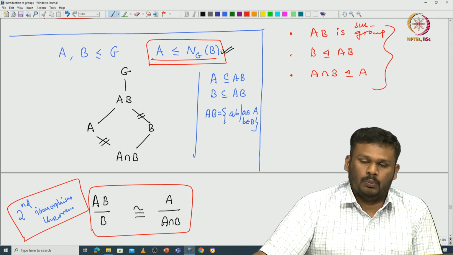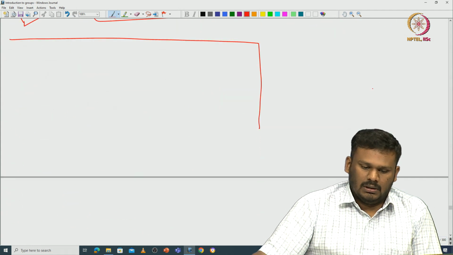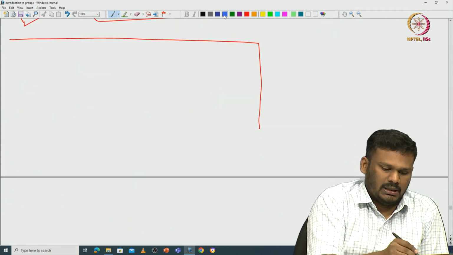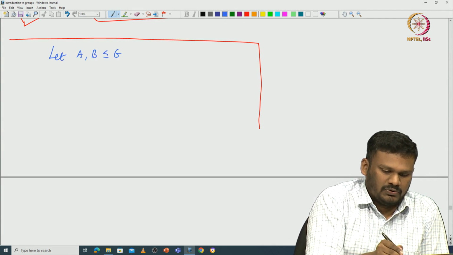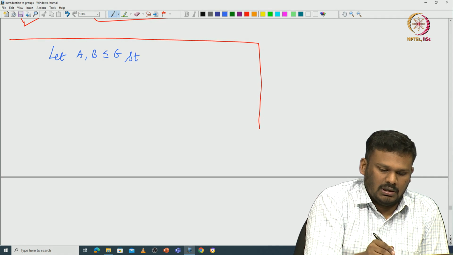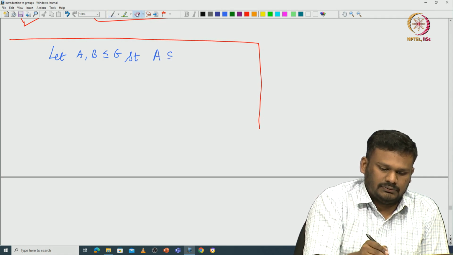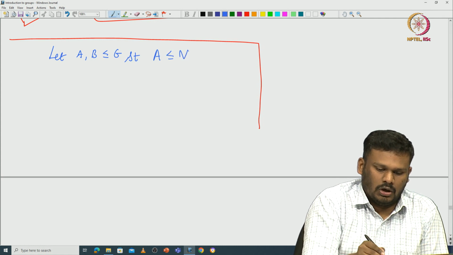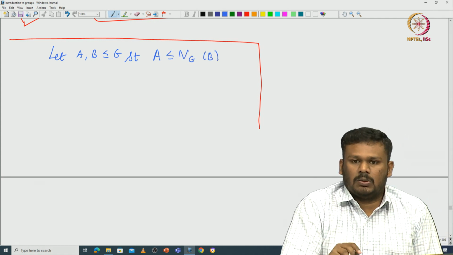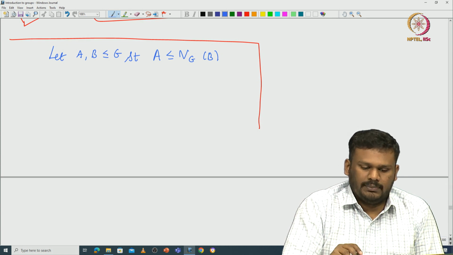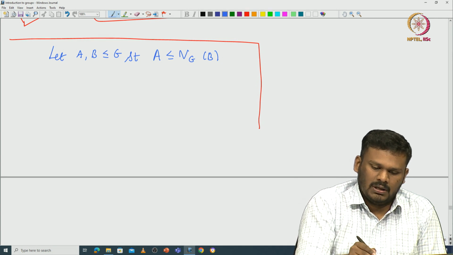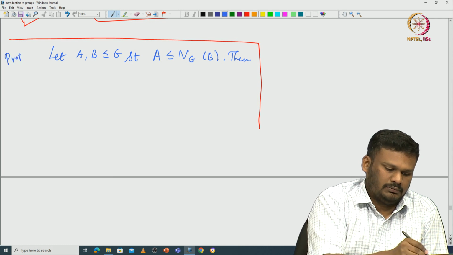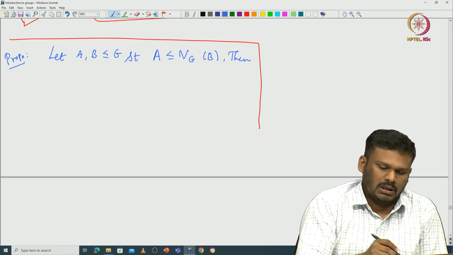Under this condition, A is a subgroup of the normalizer of B. So for the first statement, assume A and B are subgroups of G such that A is contained in the normalizer of B. We already verified that the normalizer of a subgroup is a subgroup. So in particular A will be a subgroup of the normalizer of B. Then this is the proposition.